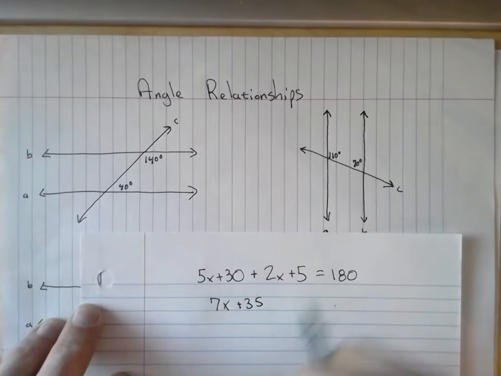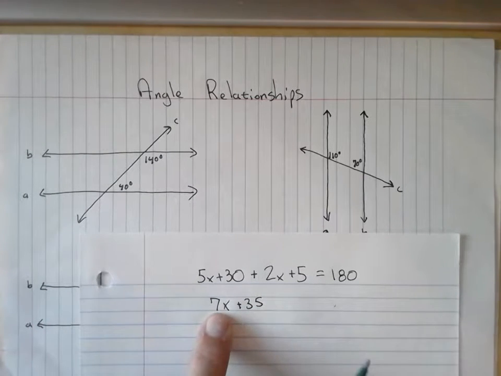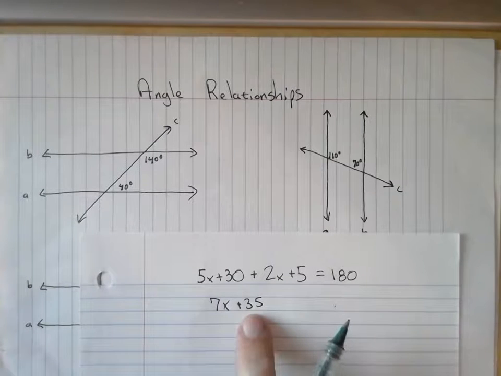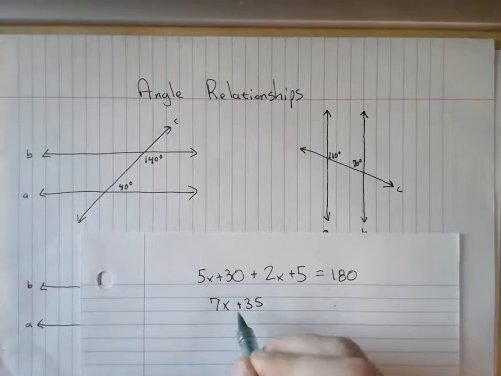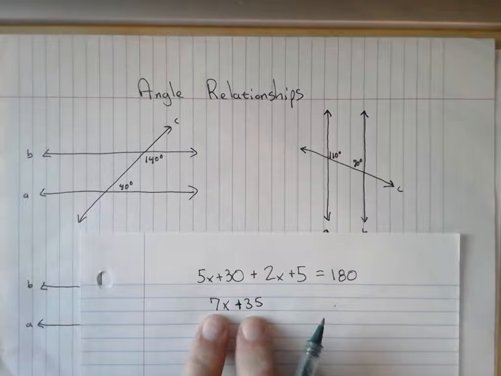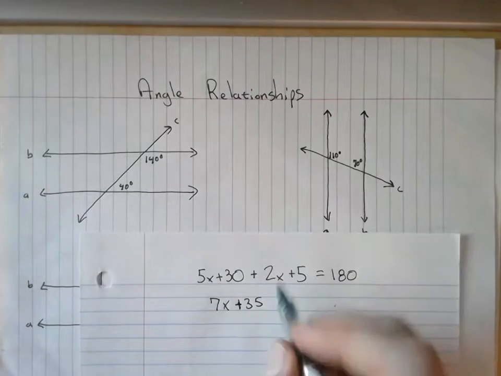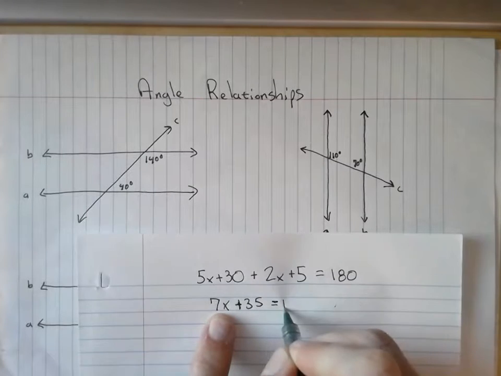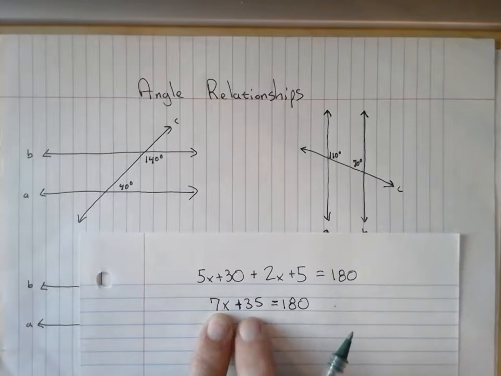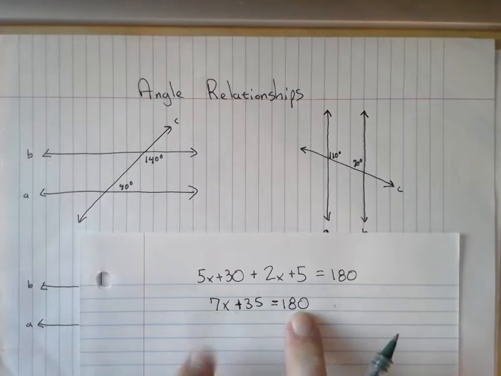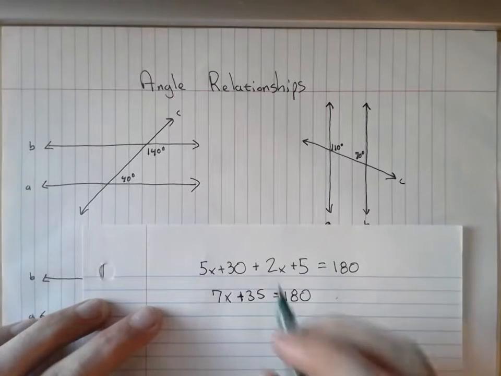And those two terms, this variable term, 7x, and this constant term 35 are going to be permanently kept apart by that plus sign. But when you sum these two, whatever they are, to 180 degrees, you've now got a very simple equation that you can solve based on the strategies we've learned in class.